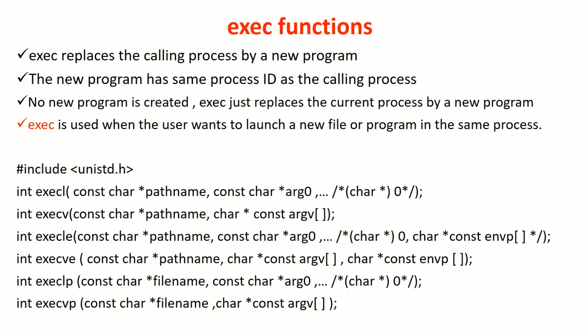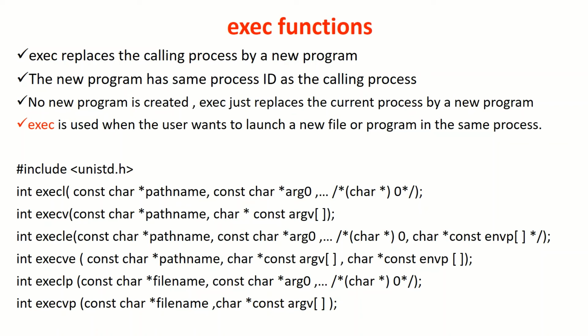Here we consider other examples: execlp and execl. These two also serve the same process, but their syntax is a bit different, which is shown in the slide. One is int execlp with const char *file and const char *arg.